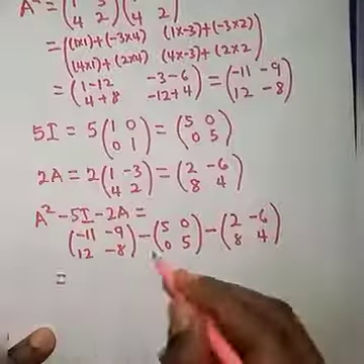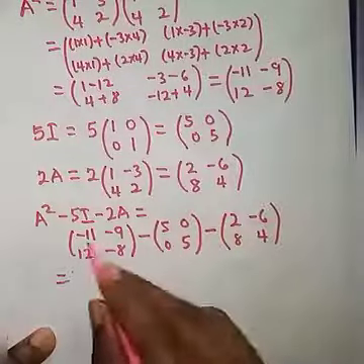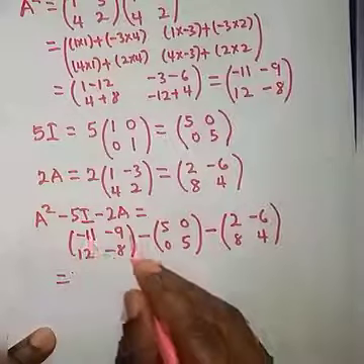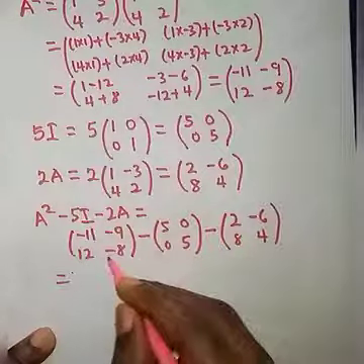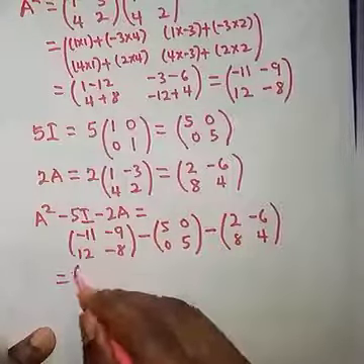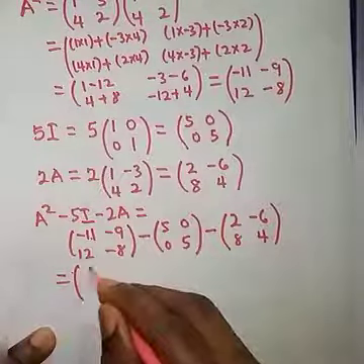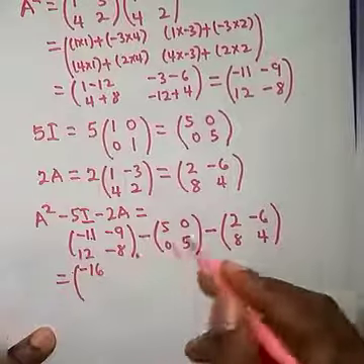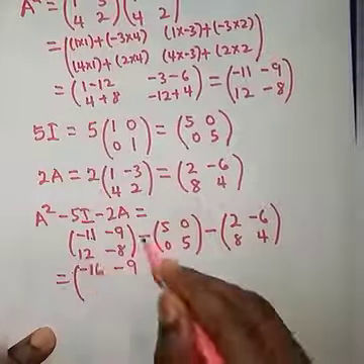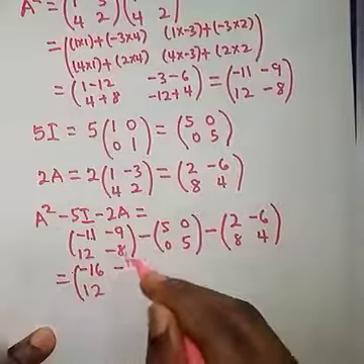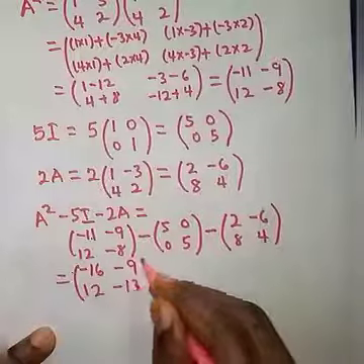So to do this, let's carry out this subtraction first. We subtract them entry by entry. Corresponding entry subtracts corresponding entry in those two matrices. So we have minus 11 minus 5, that's minus 16. Minus 9 minus 0 is minus 9. 12 minus 0 is 12. Minus 8 minus 5 gives minus 13.